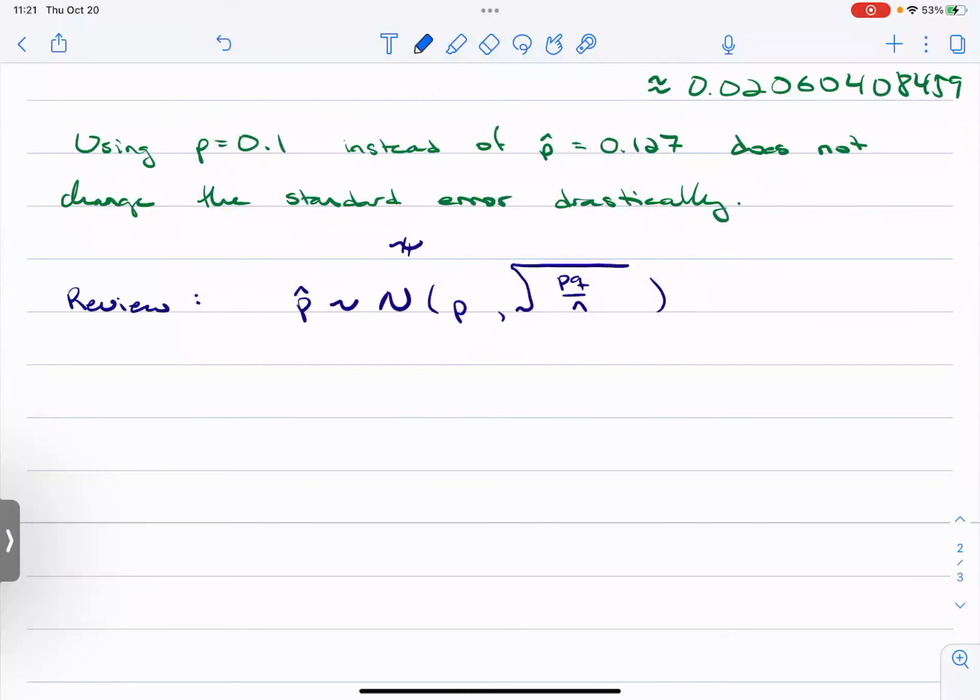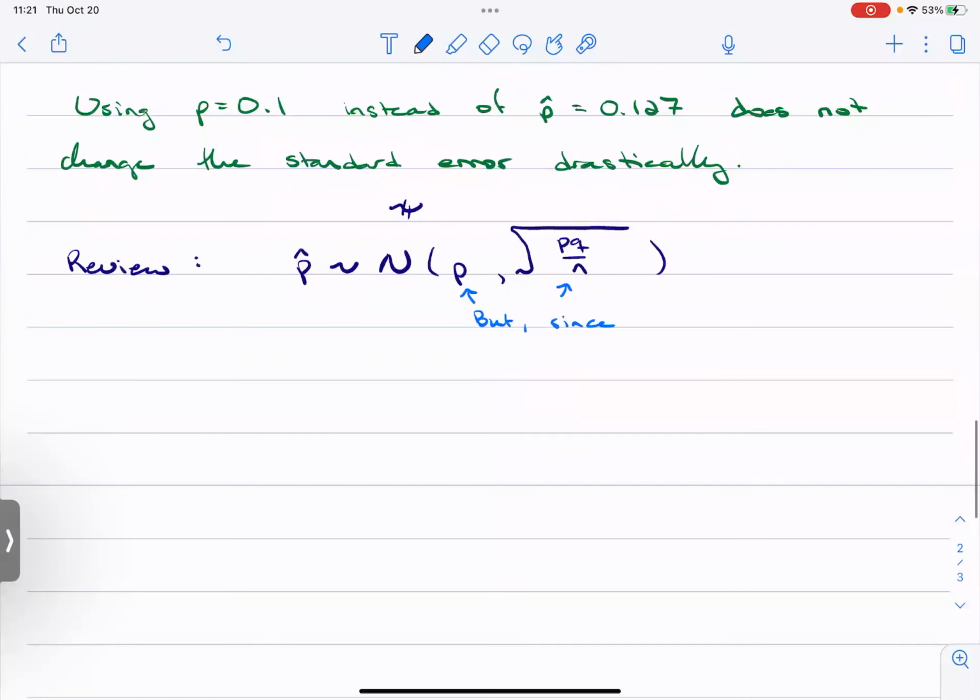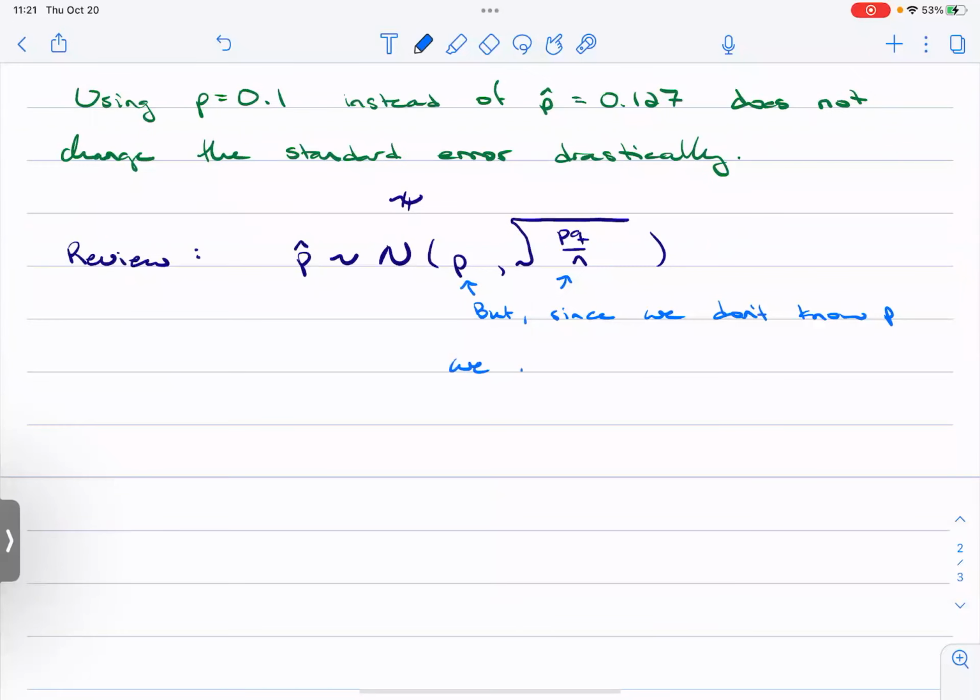But since we don't know p, we replace it with our best guess, which is p hat. Which means that p hat follows a normal distribution centered on p hat with a spread of the square root of p hat q hat over n.